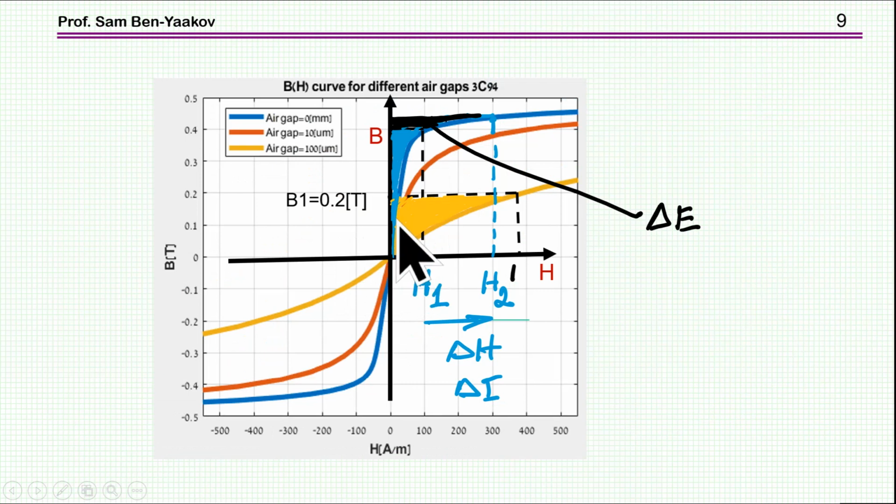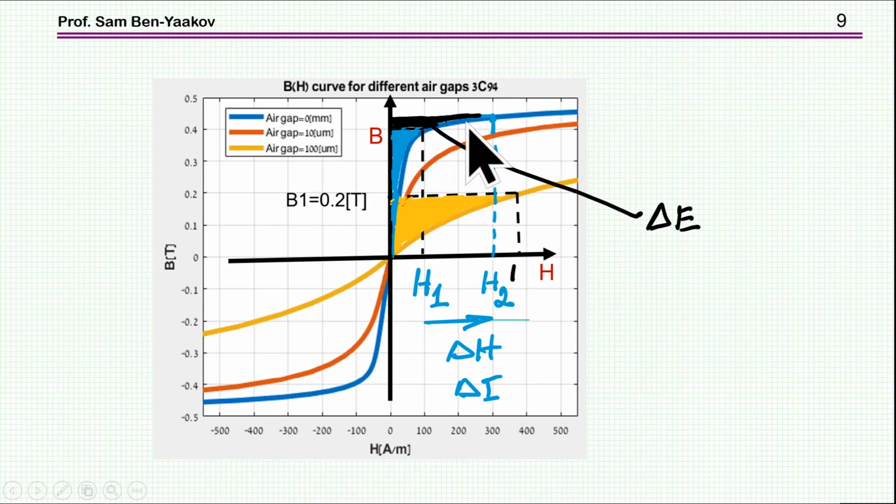Again, the important point here is that you need a gap in order to avoid saturation, because with saturation, first of all, the inductance becomes very small, because the local derivative here is small, and therefore the inductance is small.